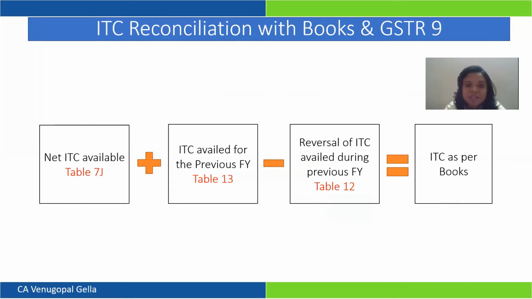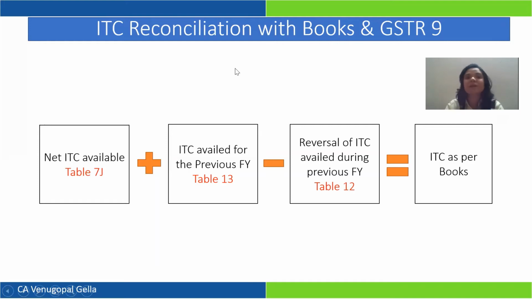How would you reconcile the entire input tax credit with books? That would be input tax credit availed plus the input tax credit availed in the next year minus reversals of input tax credit in the next year would be input tax credit as per books.